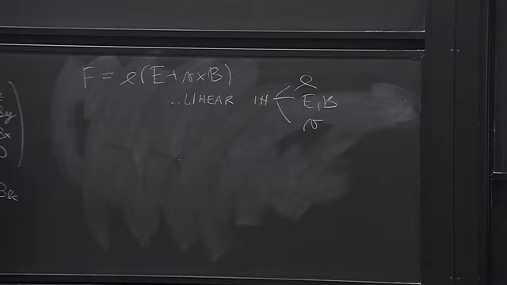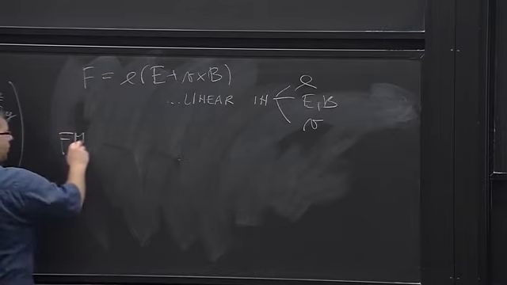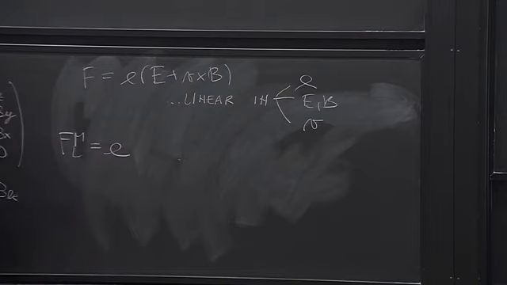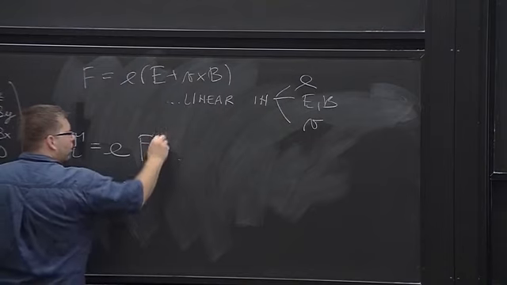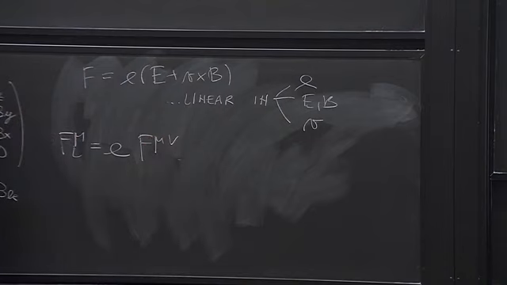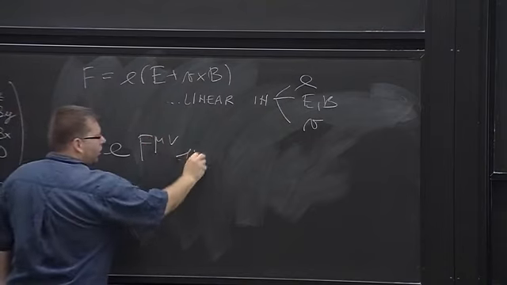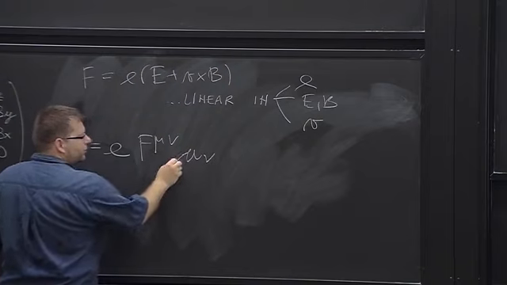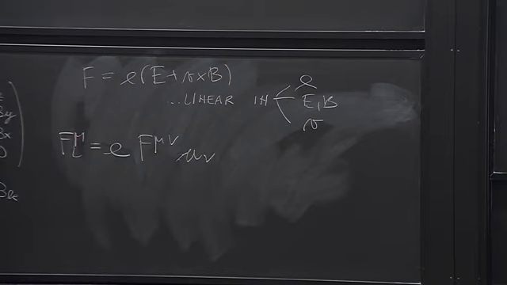What else could it be? I have a quantity linear in E and B, and I have a quantity linear in U. And so that's what it is, apart from a sign.